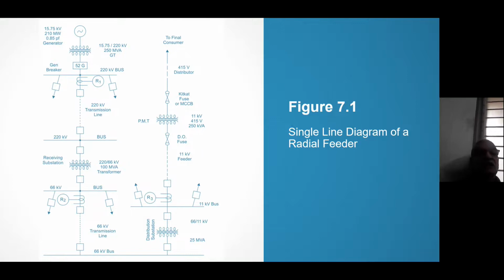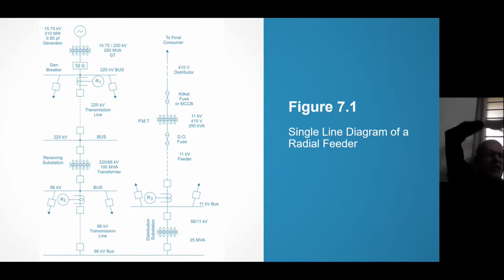No doubt, such breakers are there. That is the non-unit system of generation. So right now I am not talking of the non-unit system. I am talking of the unit system. So between generator and generator transformer, there is no breaker. Between generator transformer and infinite bus, there is breaker 52G.